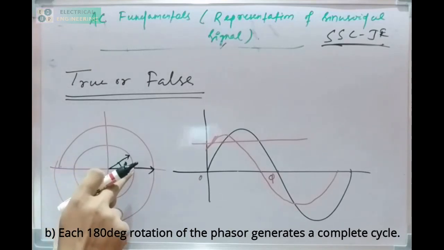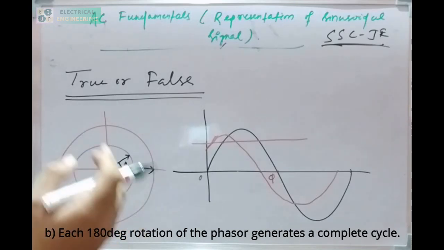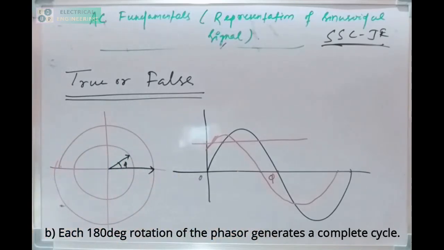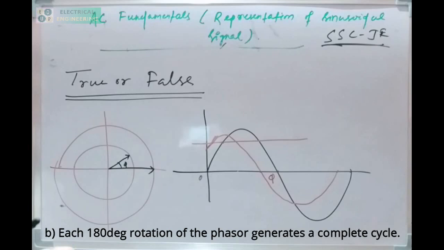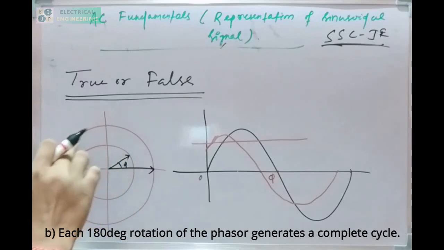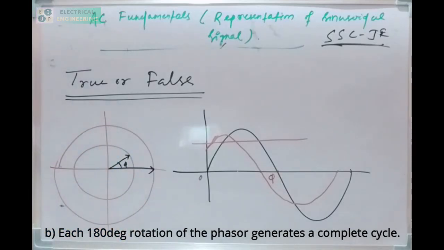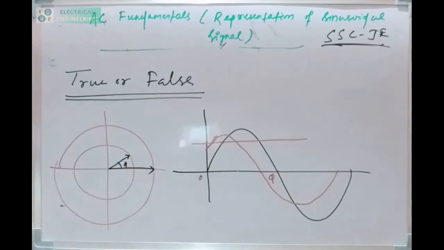If you go for a 180-degree rotation, then you will go half of the period. So 180 degrees is the half period for sinusoids. If you want to cover a complete cycle, then you have to rotate the phasor line for 360 degrees. That's why the second statement is wrong. It is false. 180 degrees represents a half cycle, 360 degrees represents a full cycle.